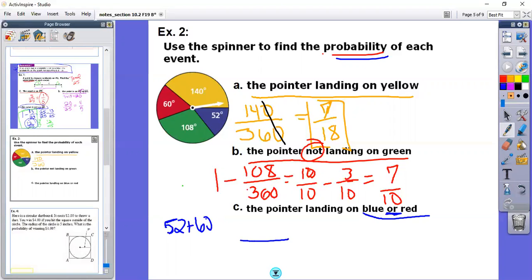So that's going to give us 112 over 360. And then we're just going to try to simplify that fraction. That's going to give me 14 over 45 for my simplified fraction.